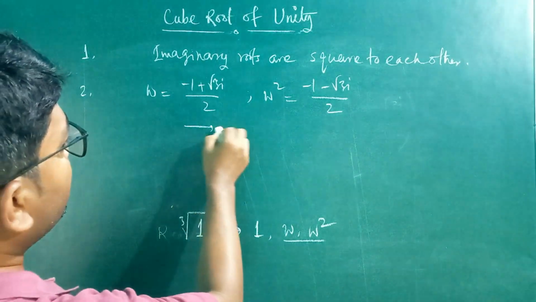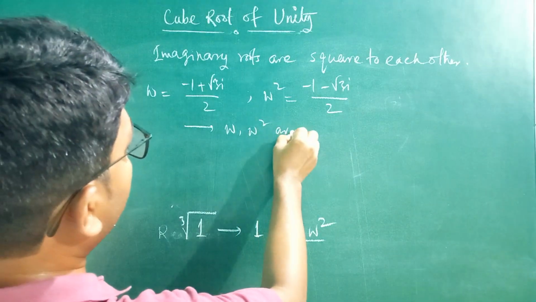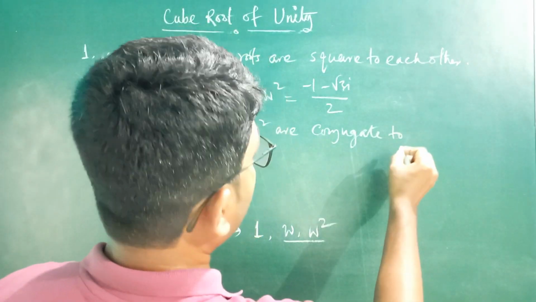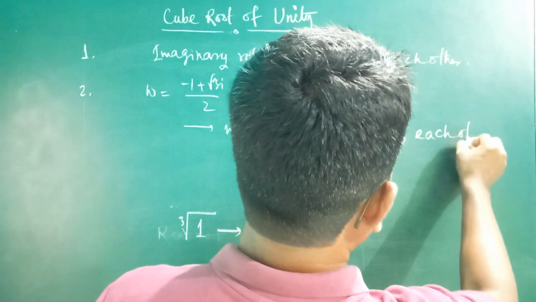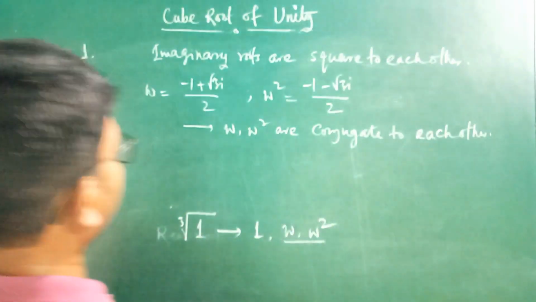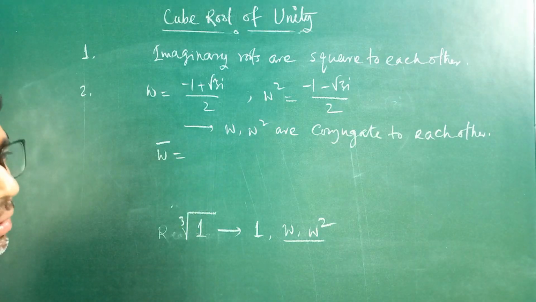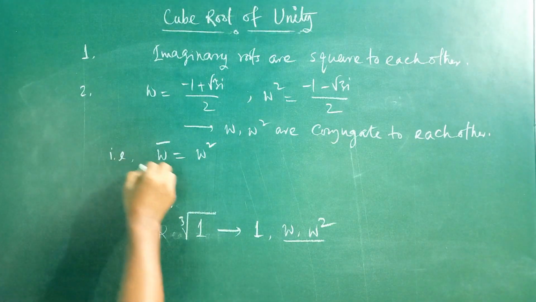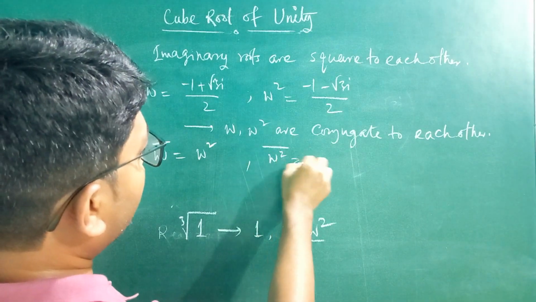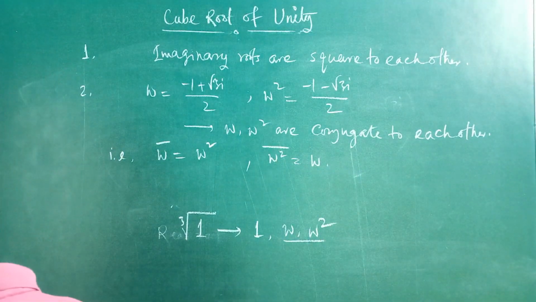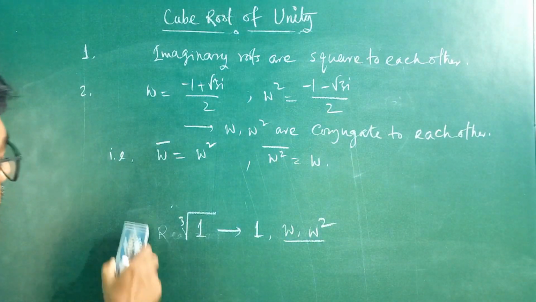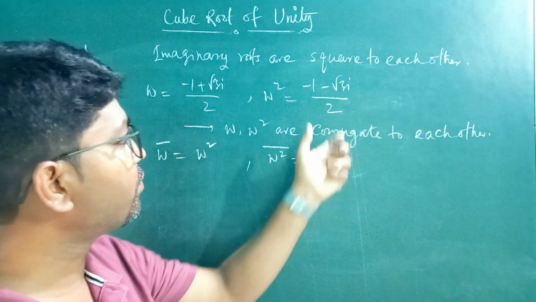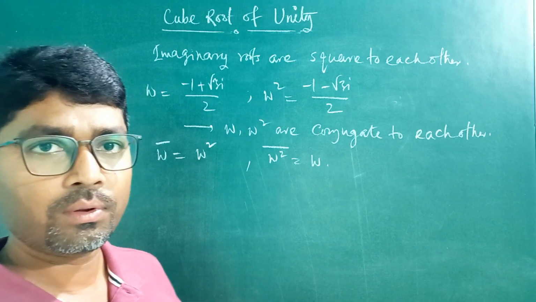So second, omega and omega square are conjugate to each other. That is, you can write omega bar equal to omega square, or omega square bar equal to omega. These two are very obvious properties of the imaginary roots.